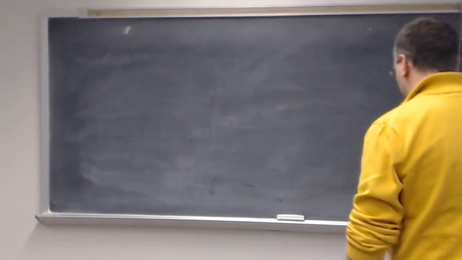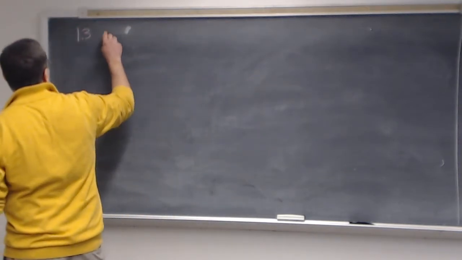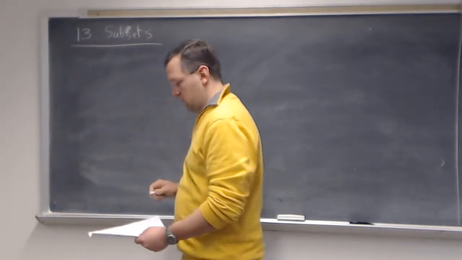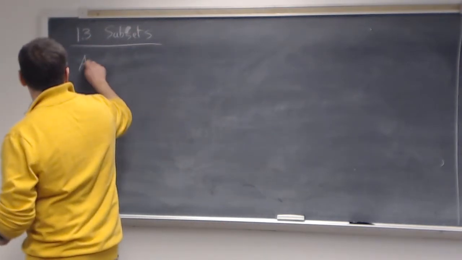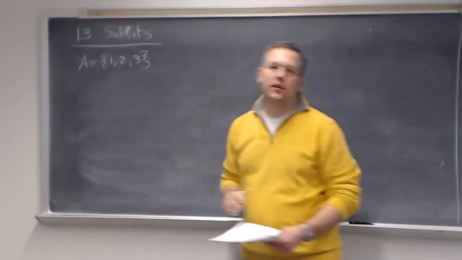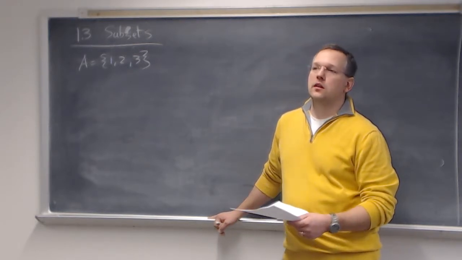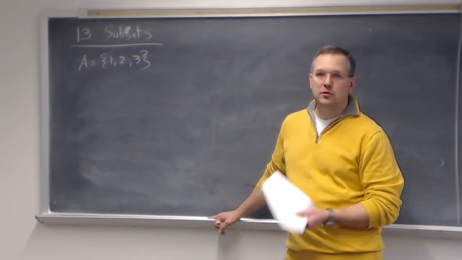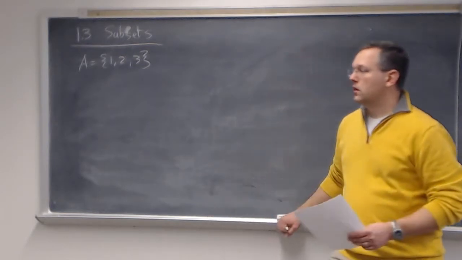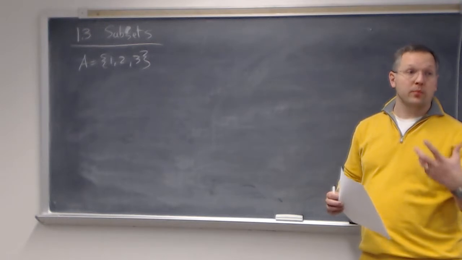Should be back in business here. Okay, so the next section, chapter 1 is 1.3, subsets. A lot of definitions in this class. We're getting the background, the material, the objects that we're going to be proving statements about. Like I told you on Monday, I think the purpose of this class is to learn how to write proofs.